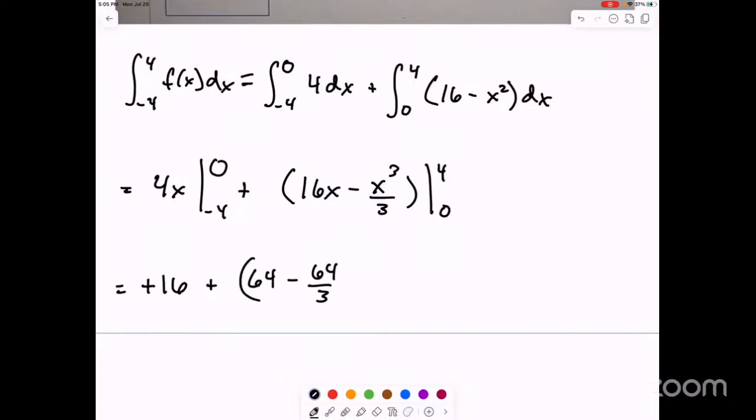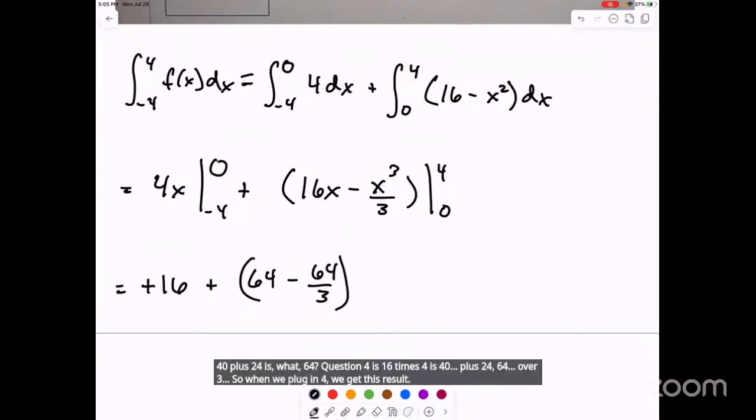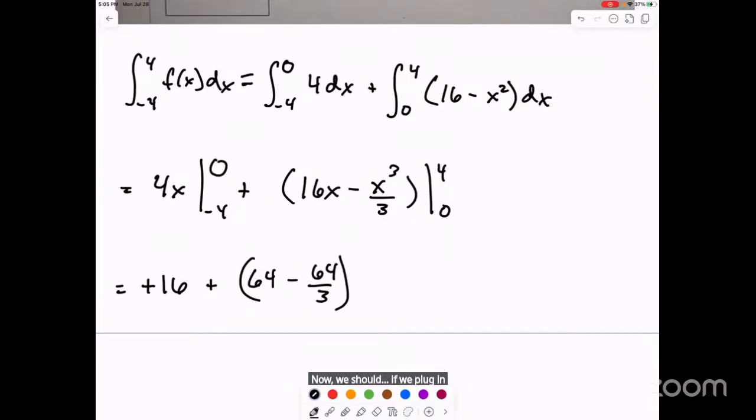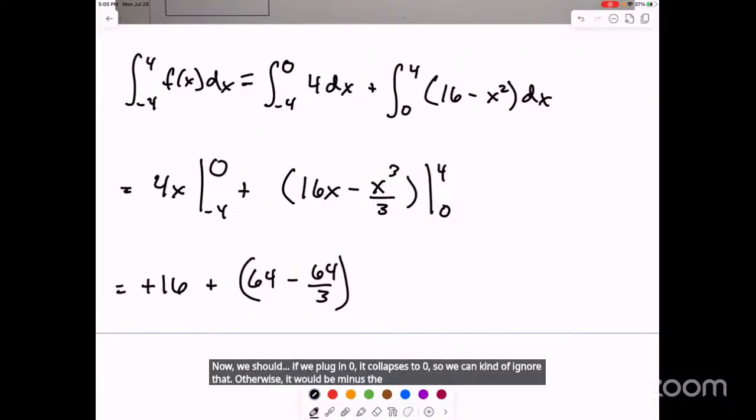Okay. So when we plug in 4, we get this result. If we plug in 0, it collapses to 0, so we can ignore that. Otherwise, it would be minus the answer that we get from 0.